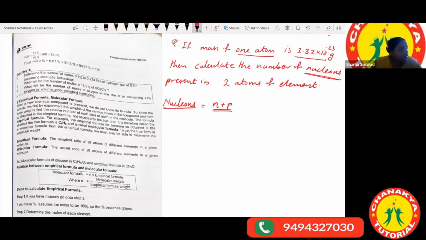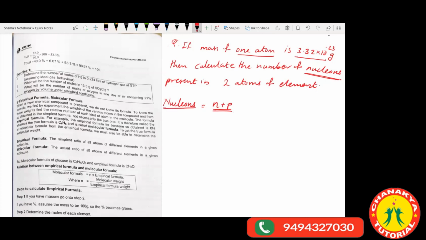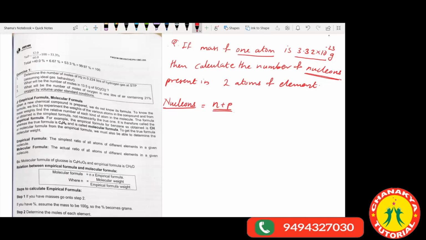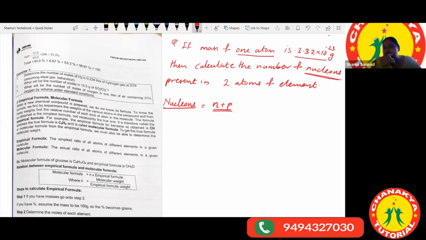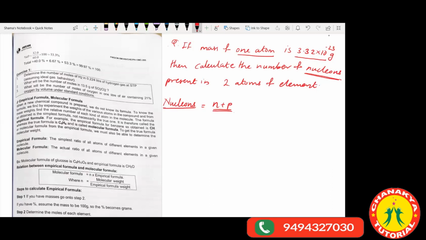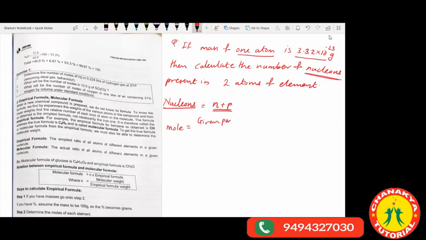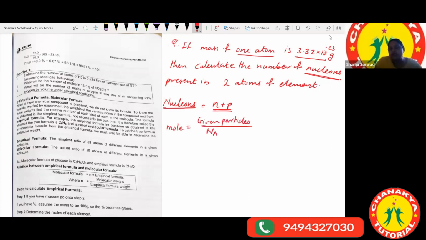So they have given you the molar mass of the element. Okay. So molar mass, how are you able to calculate it? Can you tell me? If you have a number of particles, what we know is mole is equal to given particles upon Na, 6.022 into 10 raised to 23, right?